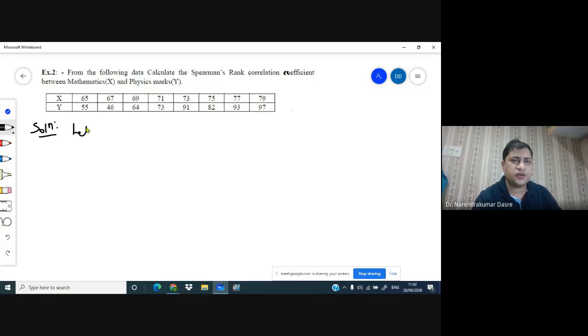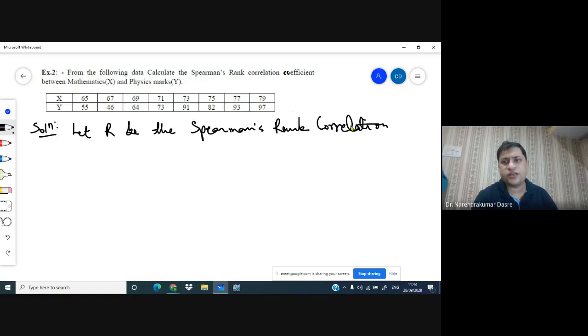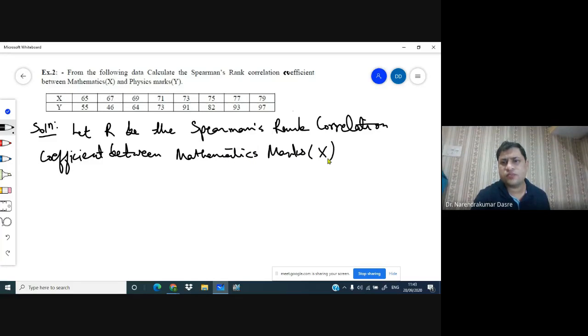So what we can have is, let capital R be the Spearman's rank correlation coefficient between mathematics marks and physics marks.